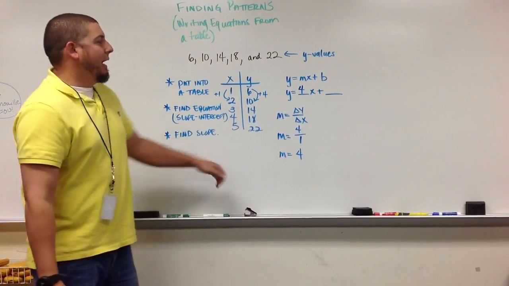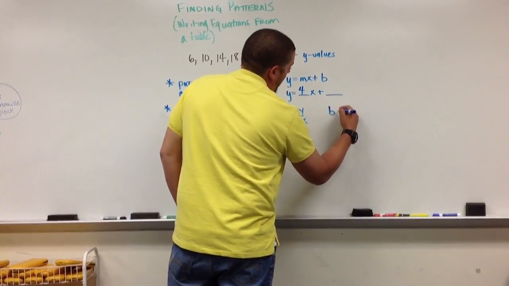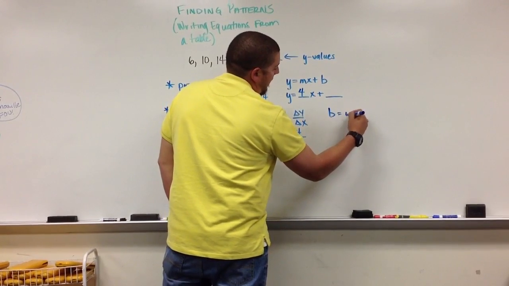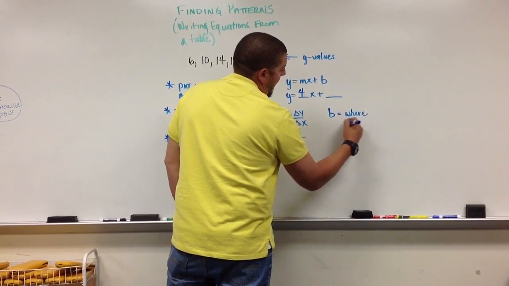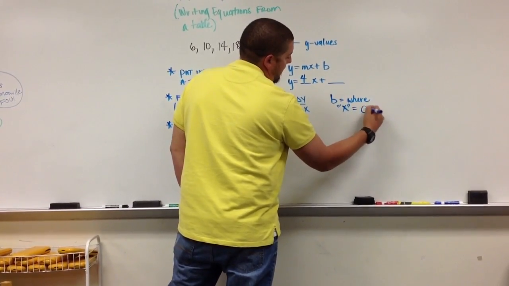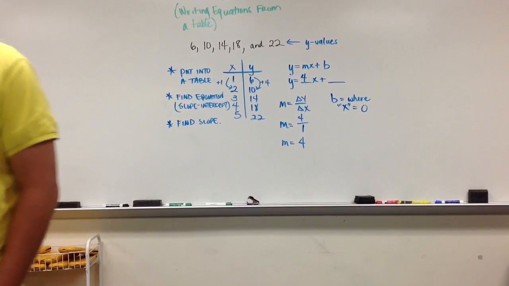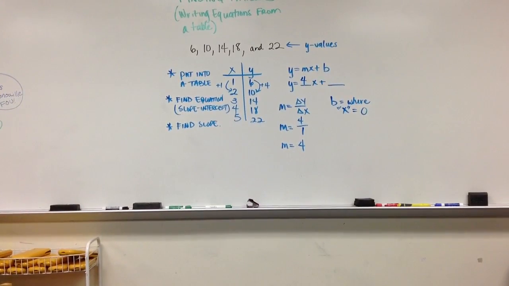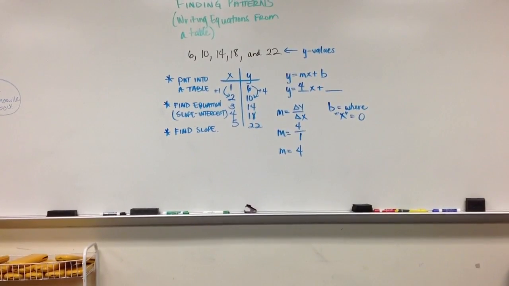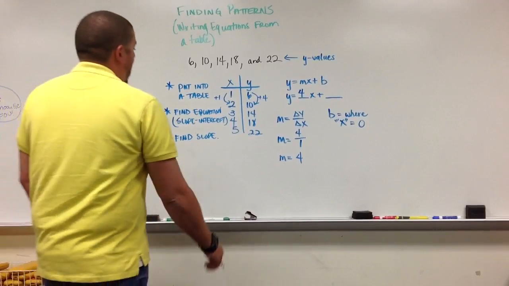So now I have to find my y-intercept. So b. Where is b? Well, b is where x is equal to 0. So I need to find where x is equal to 0, okay? So how do I do that?